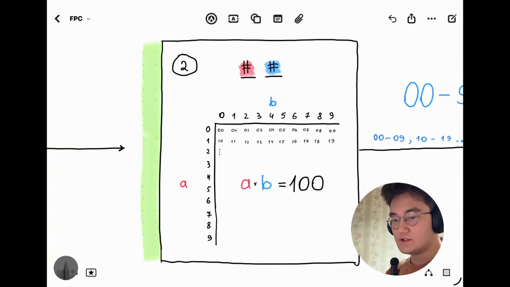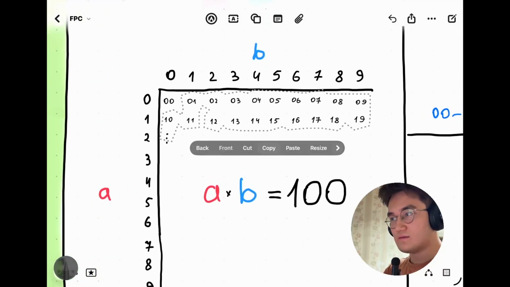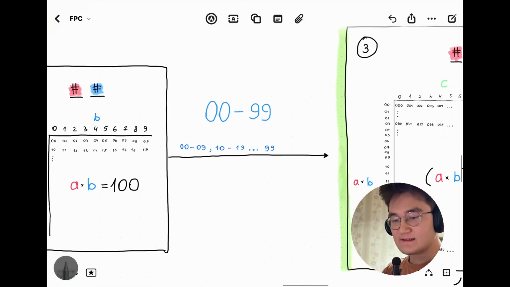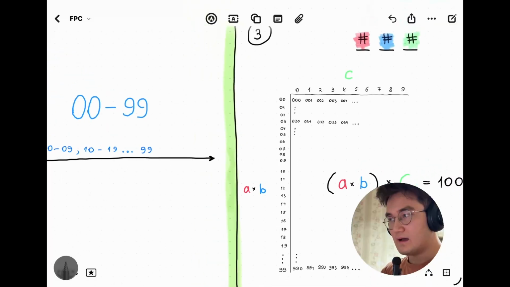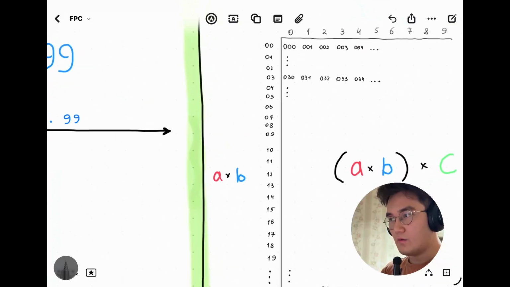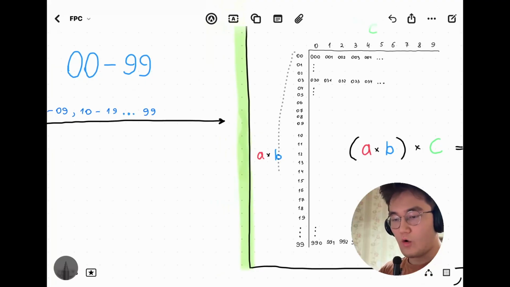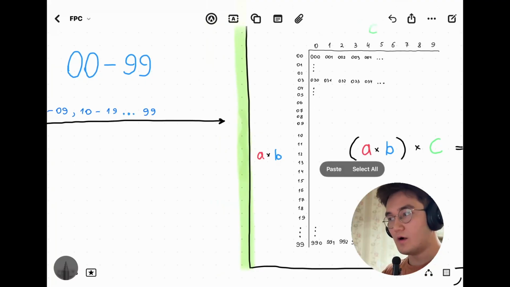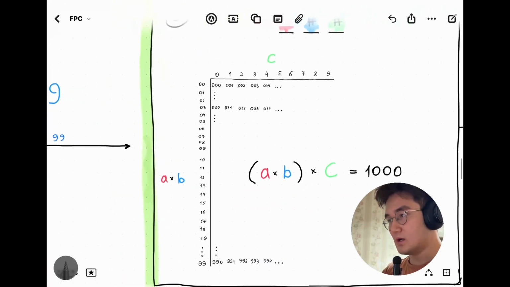Then what we do is we take all of this, and in the next step we pass it on. Now one of the axes represents all of these options that we got earlier. Here we apply the same logic.